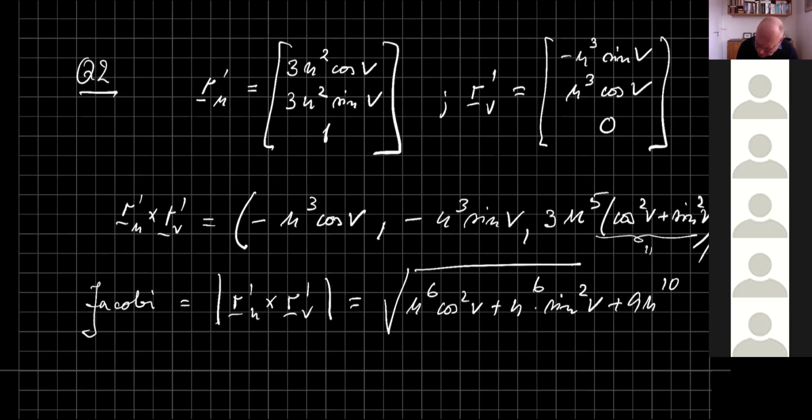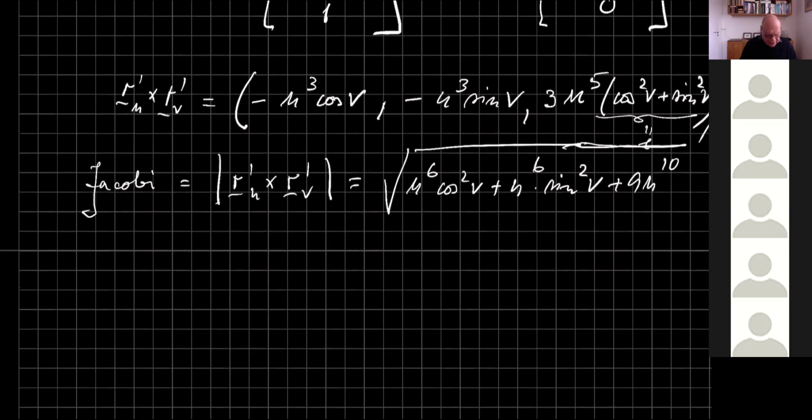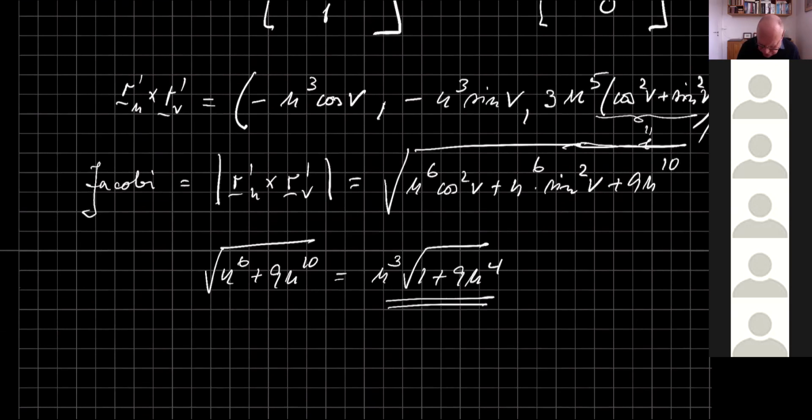This one, cosine squared plus sine squared, is equal to 1. So this is simply the result of this. And again, you can use a fundamental relation for trigonometric functions. So this will be equal to the square root of u to the 6th power plus 9u to the 10th power. And if you put u to the 6th power outside the square root sign, you get u cubed, and then square root of 1 plus 9u to the 4th power. So this is your Jacobi function.